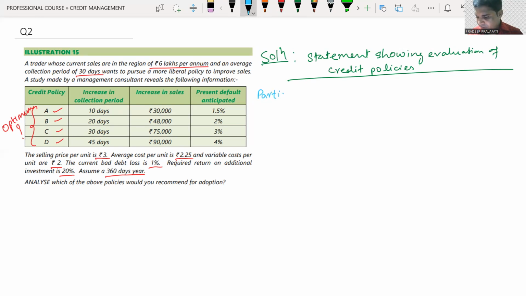Particulars column is required. Then existing policy. Then proposed policies.